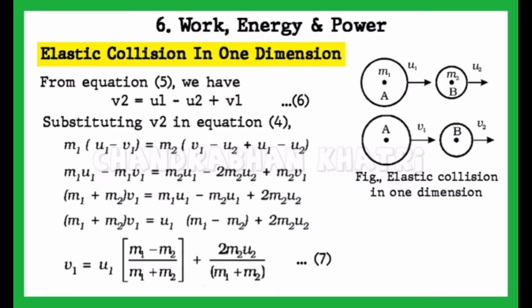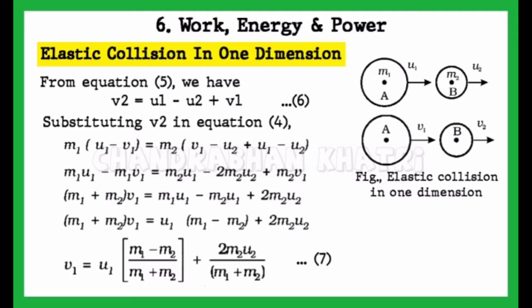Substituting v2 in equation number 4, we have m1 into (u1 minus v1) is equal to m2 into (v1 minus u2 plus u1 minus u2), or we can write m1 u1 minus m1 v1 is equal to m2 u1 minus 2 m2 u2 plus m2 v1. After simplifying, we get (m1 plus m2) into v1 is equal to m1 u1 minus m2 u1 plus 2 m2 u2.